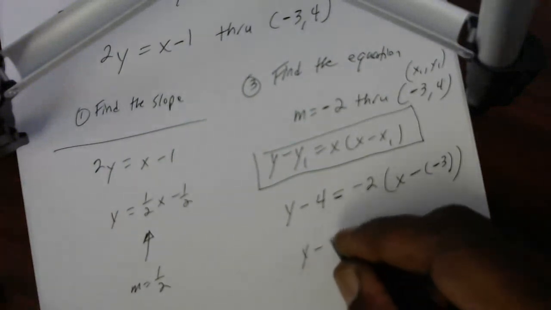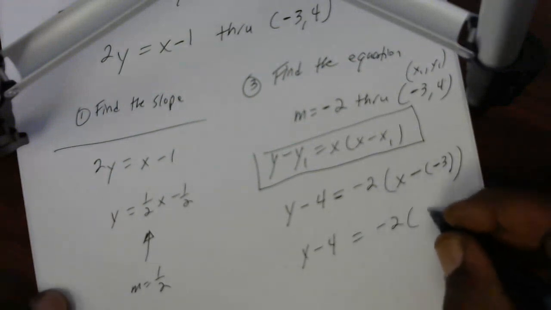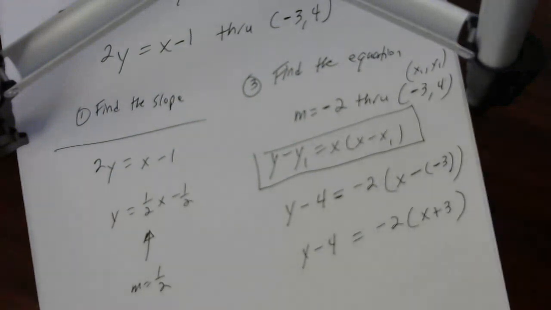All right, I'm going to bring down y minus 4. I'm going to bring down a negative 2. I'm going to rewrite the double negative as a positive.